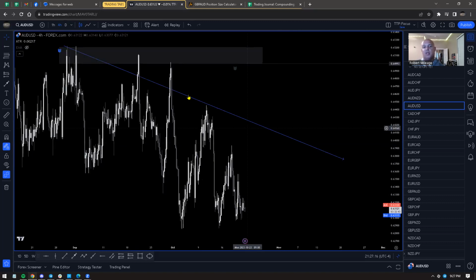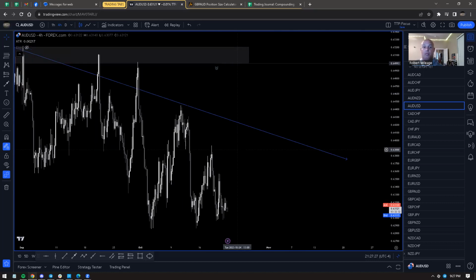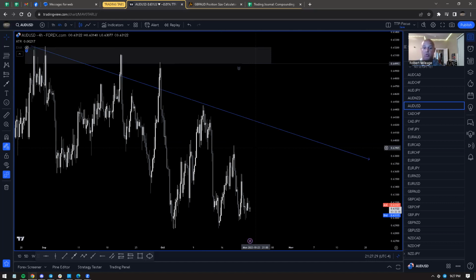So the only place I can think of getting in is someplace along this line right here to see if price gives some sort of reaction in and around this area, and then possibly wait for a break and retest of a zone to give me a resistance that I can put my stop on the other side of.